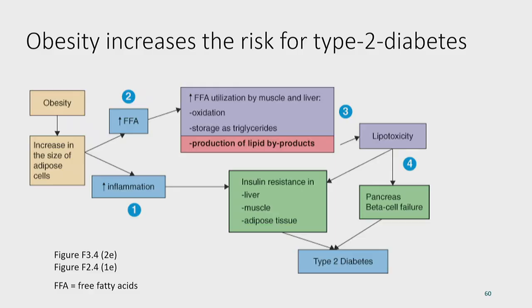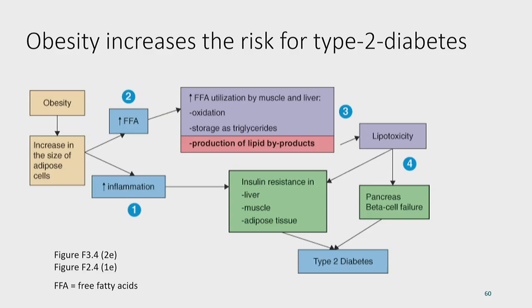One is the release from the adipose tissue of high levels of free fatty acids. These free fatty acids enter the blood and reach the liver and the muscle, where some will be used in beta oxidation as a source of energy, and others will be converted into triglycerides and stored in both the liver and the muscle.